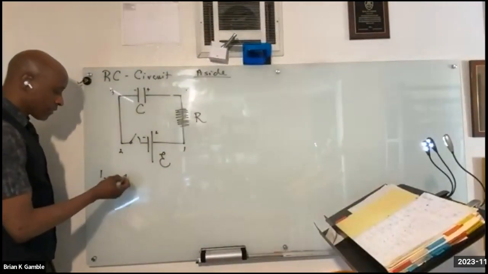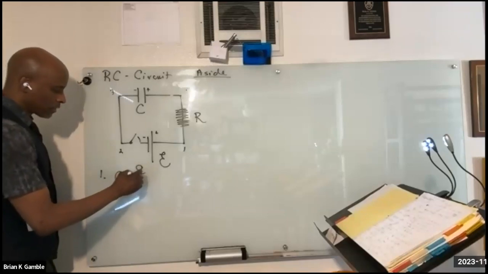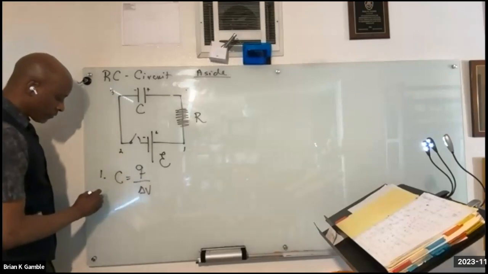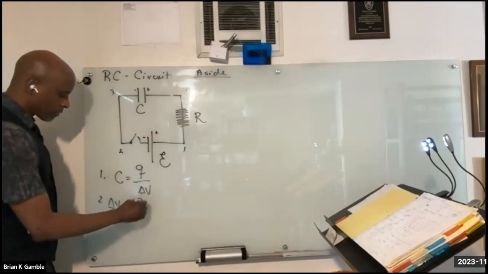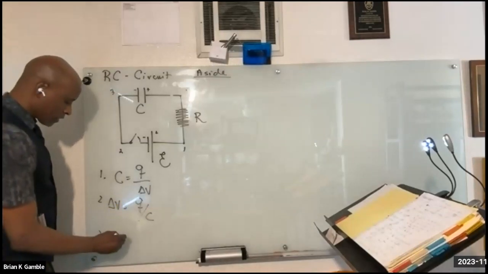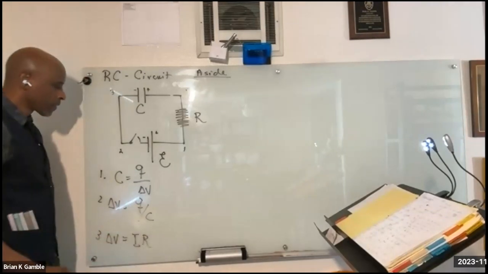We'll start with the definition of capacitance: capacitance equals charge divided by voltage. So then voltage is equal to charge divided by capacitance. And for Ohm's law, voltage is equal to the current times the resistance.